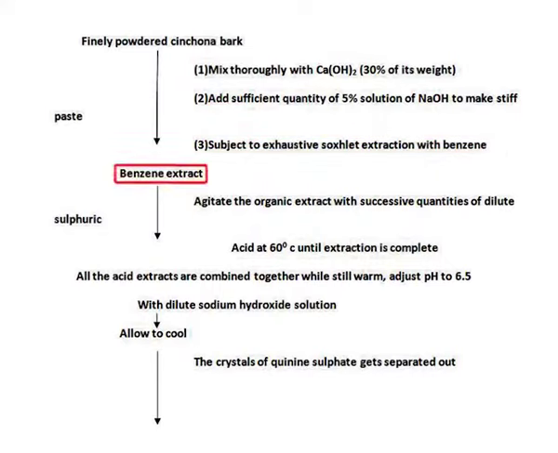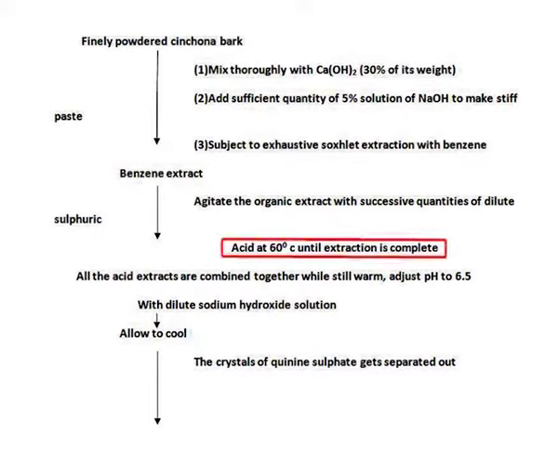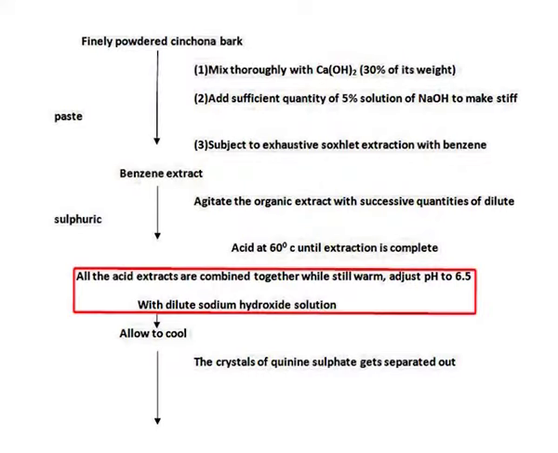The benzene extract is agitated with successive quantities of dilute sulfuric acid at 60 degrees until extraction is complete. All the acid extracts are combined together while still warm.